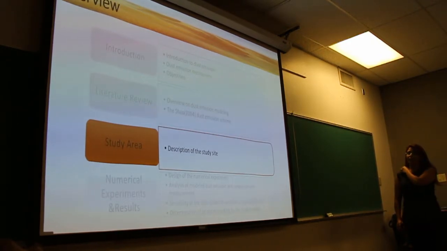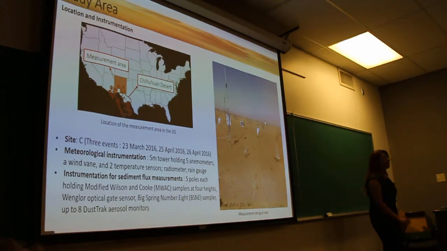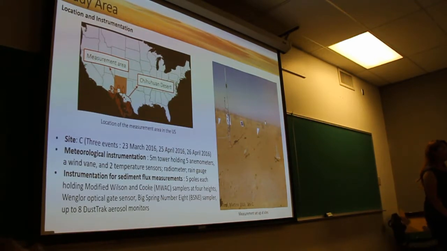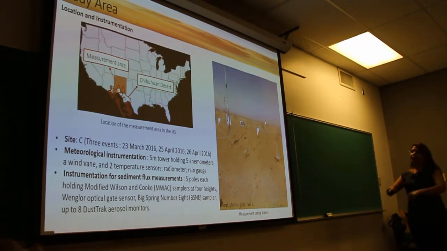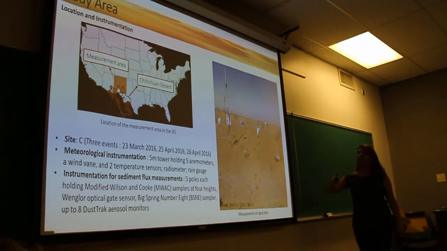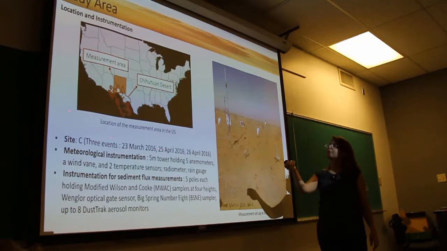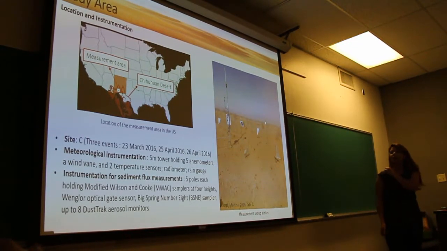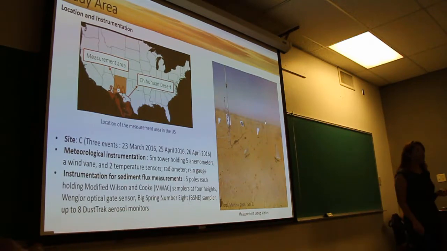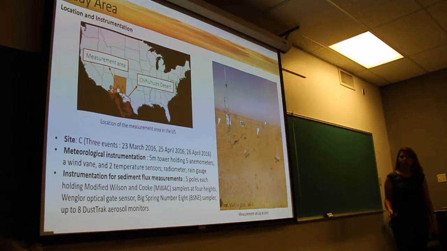So let's go through the study area. I just want to mention that for this project, I wasn't involved in gathering data, so I used existing data. All the data was provided by Martina Klose. Our study area is located in the southern part of New Mexico, and we had meteorological instrumentation like rain gauges, wind vane, anemometer, and thermometer to collect meteorological data.